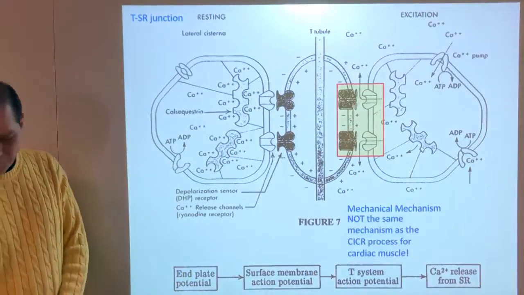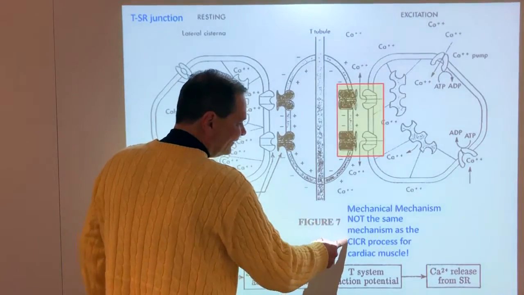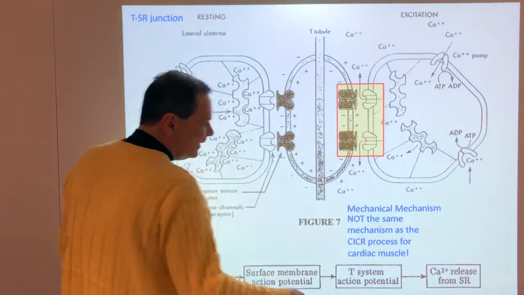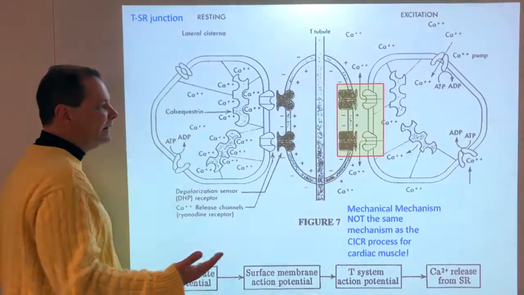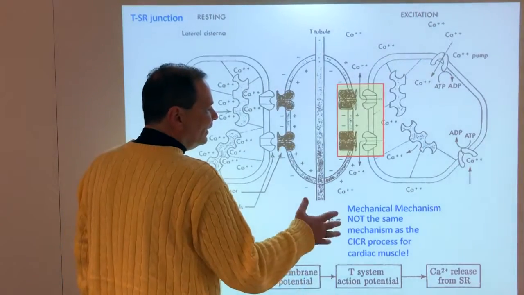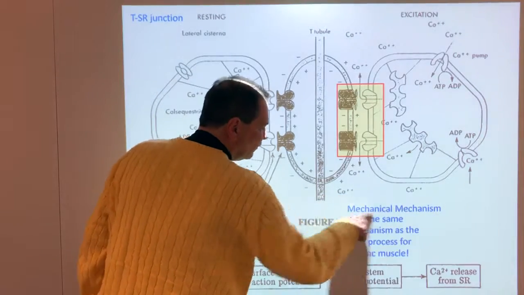Note that that release mechanism is not the same as calcium-induced calcium release, which is the process by which calcium release is initiated in cardiac muscle. In skeletal muscle, calcium release is initiated by voltage through the mechanical mechanism.